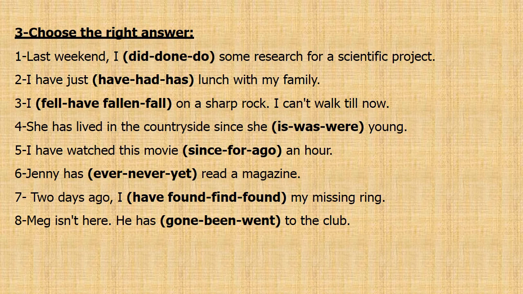Here I need a word that I can use in a negative sentence between has and the past participle read. Jenny has never. Okay, number 7, 2 days ago, past simple. My missing ring, I found. Number 8, Meg isn't here. He has to the club. So this sentence means that he didn't come back. So I have to use gone. He has gone.